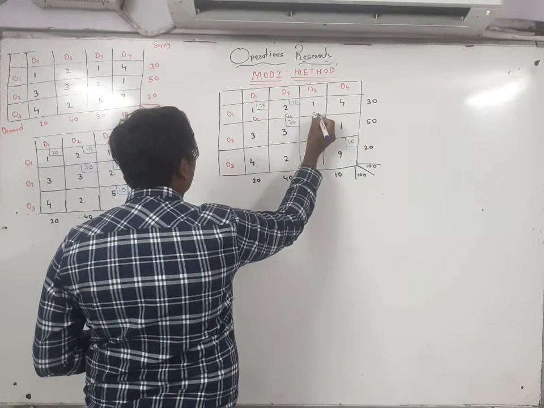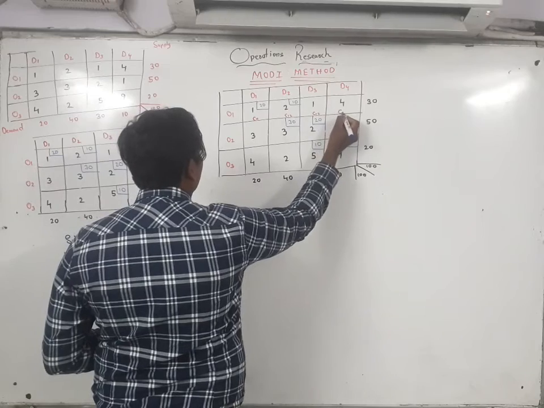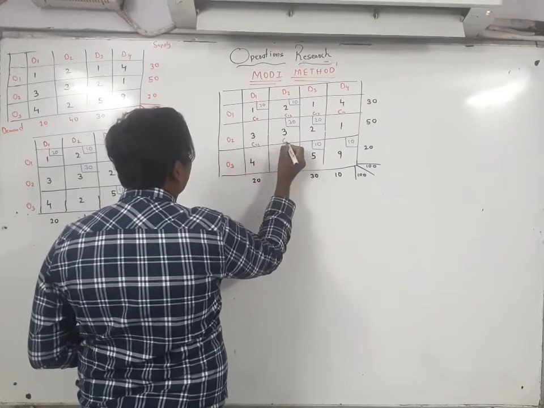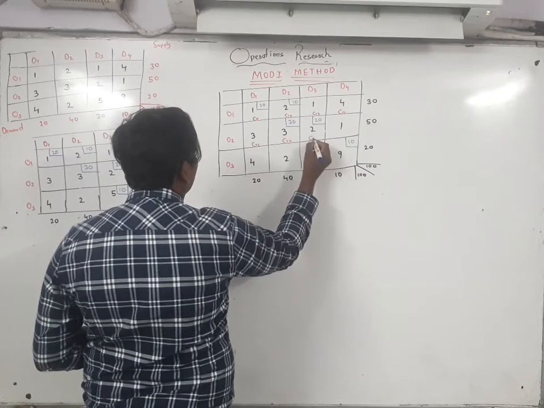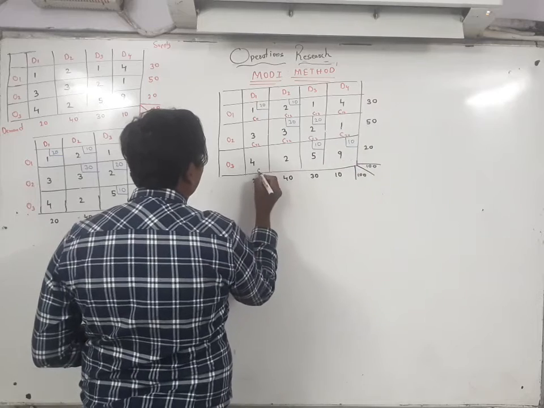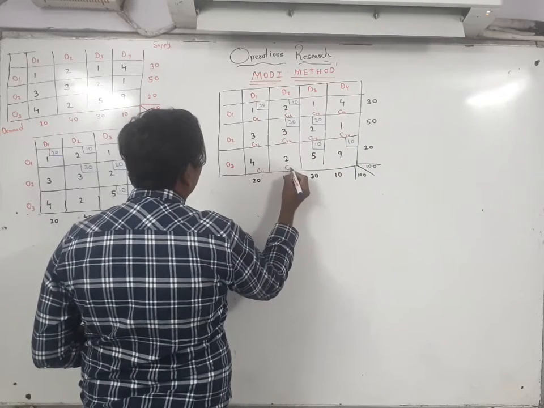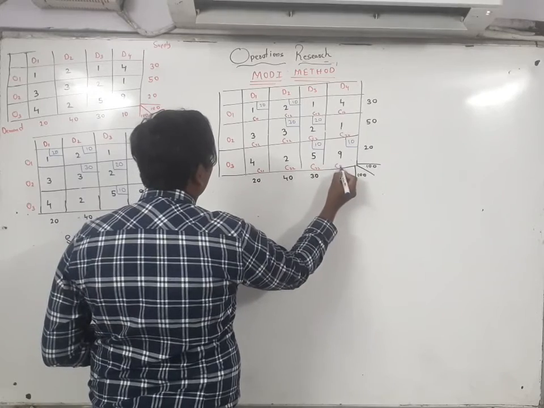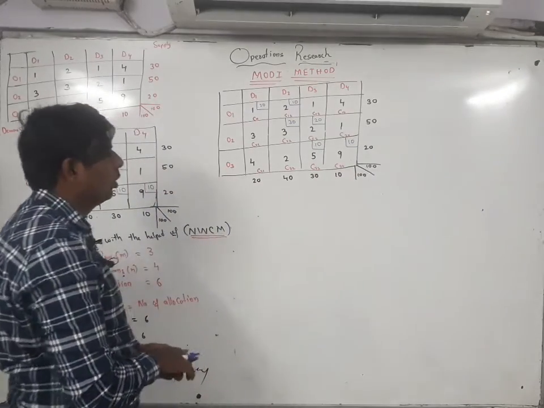Here you can write C13. Here you can write C14, C21, C22, C23, C24, C31, C32, C33, C34. What you have to write?